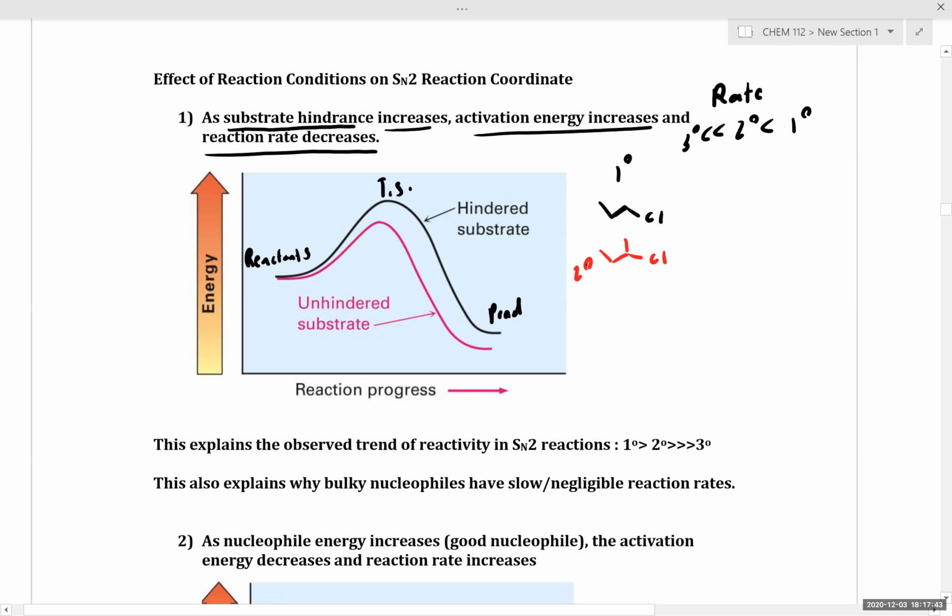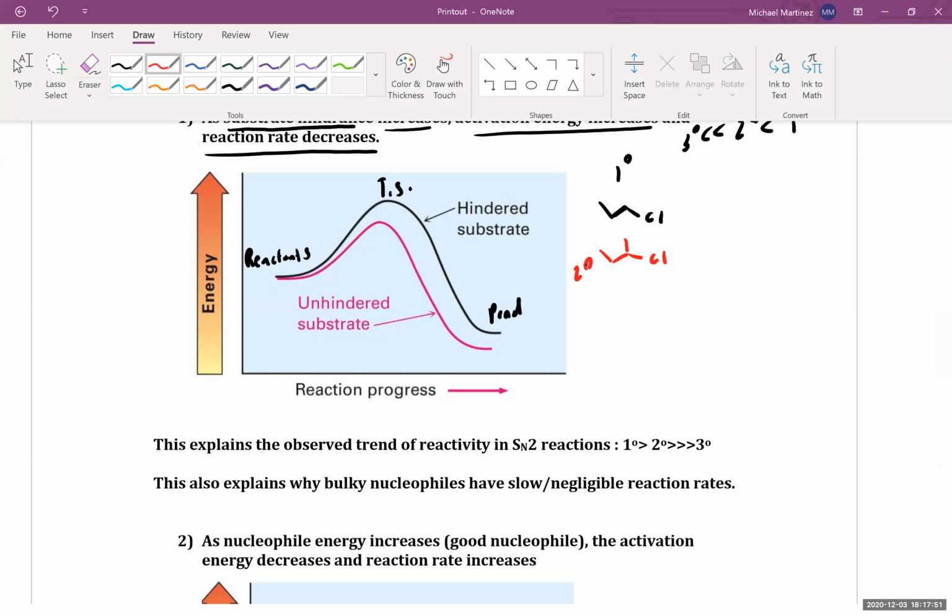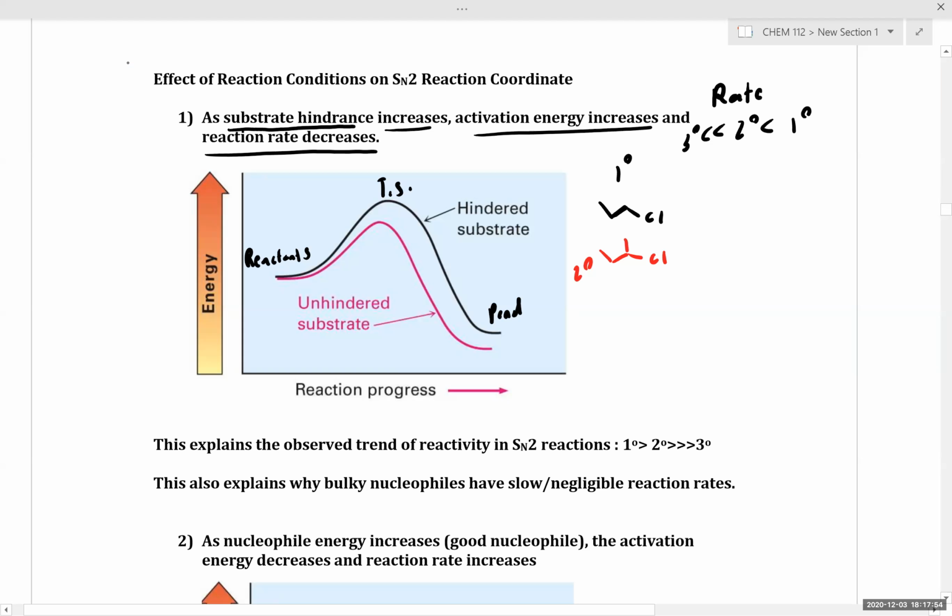In terms of steric and torsional interactions, yes, there is going to be a small difference in the energy of each of our two starting materials. So let's add that to our diagram. Our primary substrate will have slightly fewer steric and torsional interactions that raise the energy of our system. So we'll have it somewhere around here.